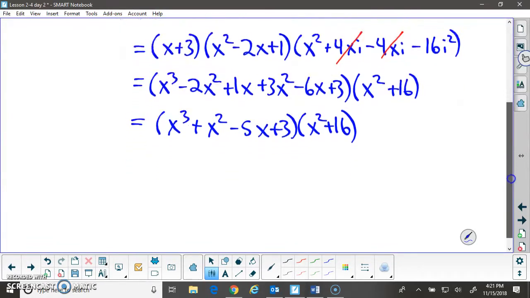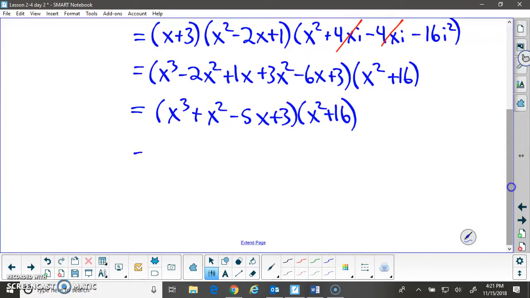And now if I multiply these two factors, we would get x to the 5th. Let's do it this way. I'm going to take x squared times each term. Now I'm going to take 16 times each term.